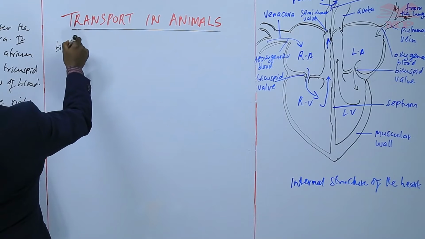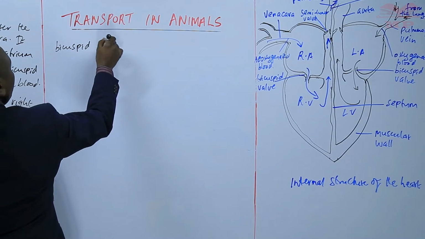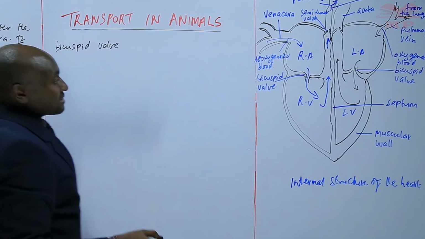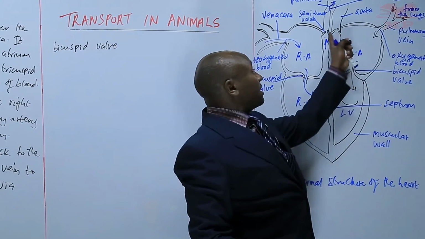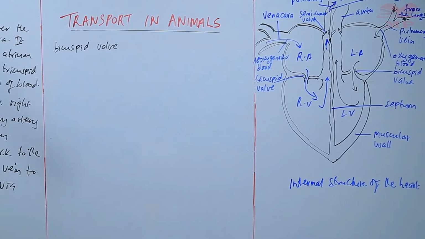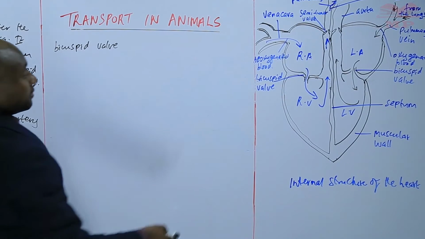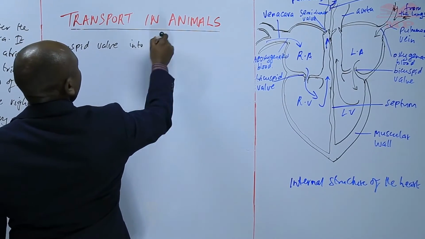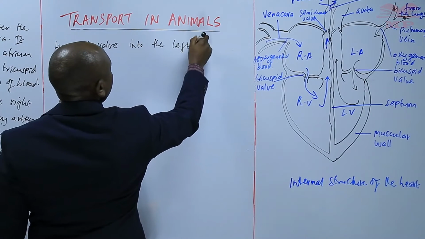So all the valves, the tricuspid, bicuspid, and semilunar, prevent backflow of blood.